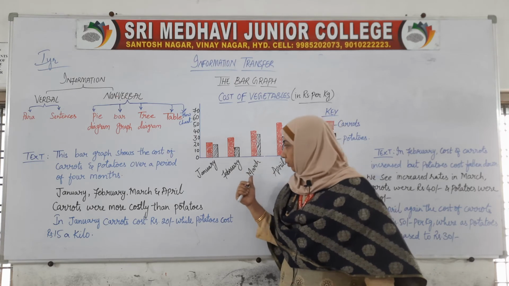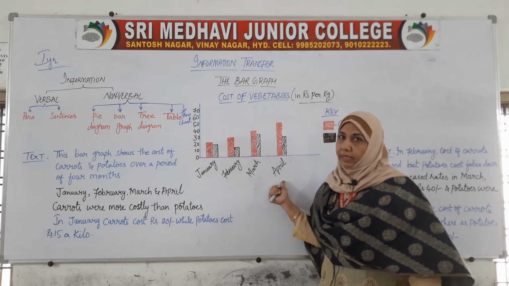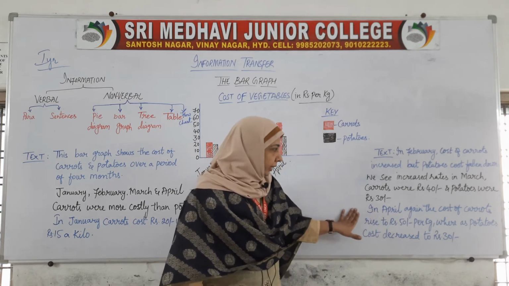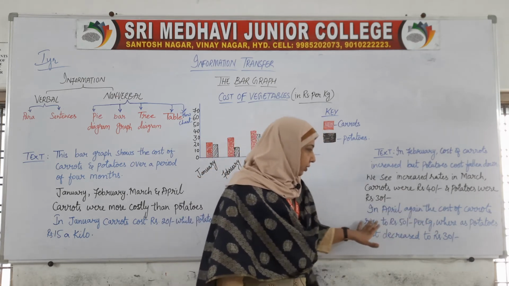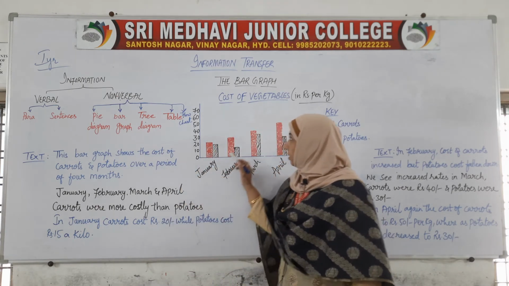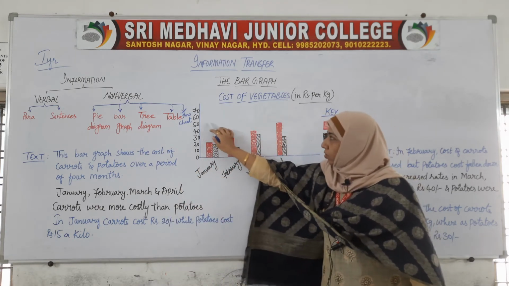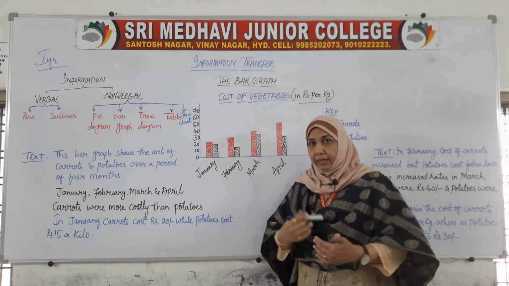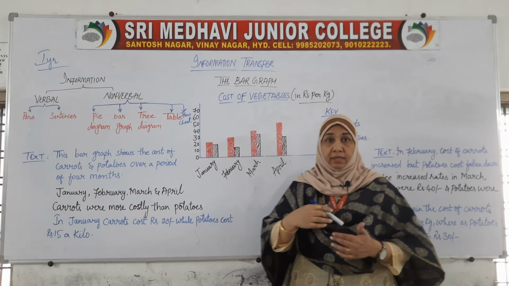Which month is left to discuss? It is April. In April again the cost of carrots rose to rupees 50 per kg. Again it has increased.